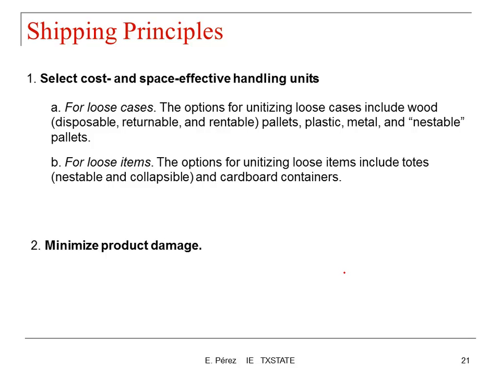For loose items, the options for unitizing loose items include totes, nestable or collapsible, and cardboard containers, so boxes. And most of the time we want to keep these boxes small so you can move the items more easily.